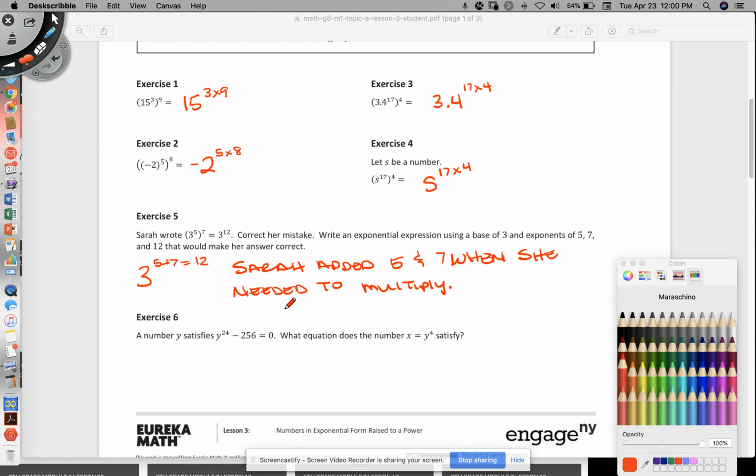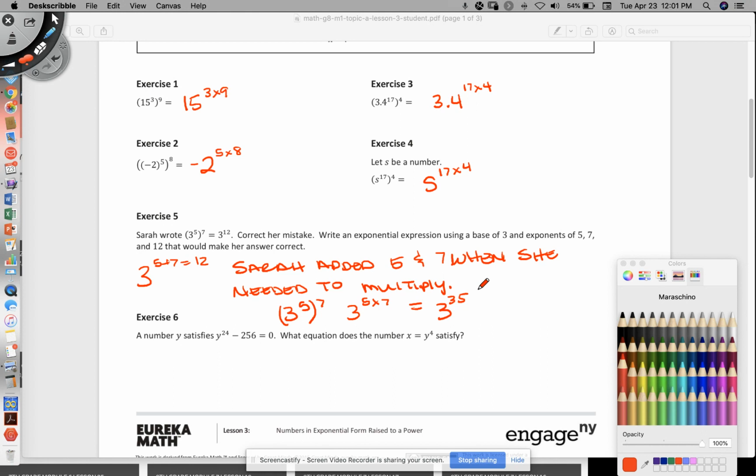So what she should have done is 3 to the 5th raised to the 7th is 3, 5 times 7. And so she should have had 3 to the 35th power, not 3 to the 12th power.